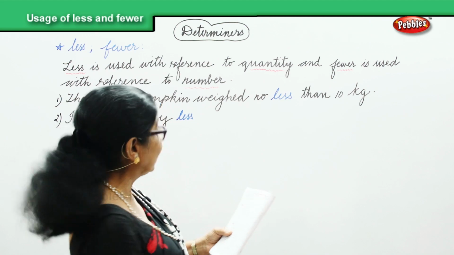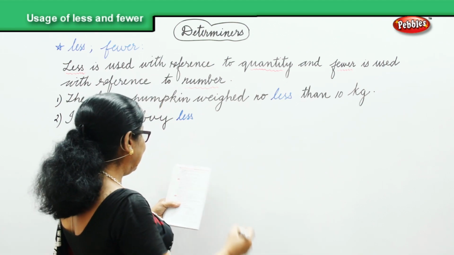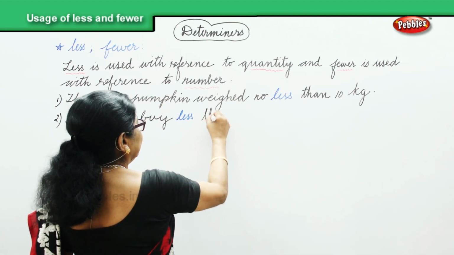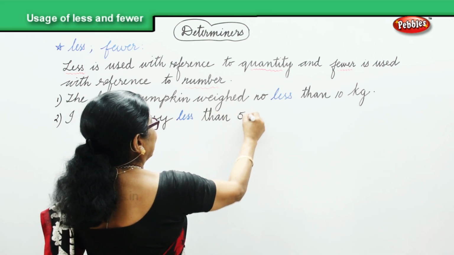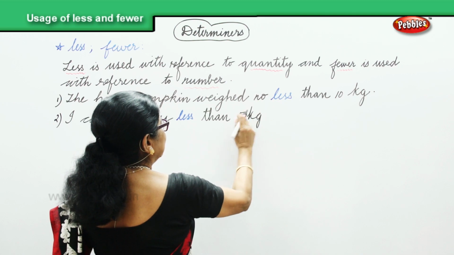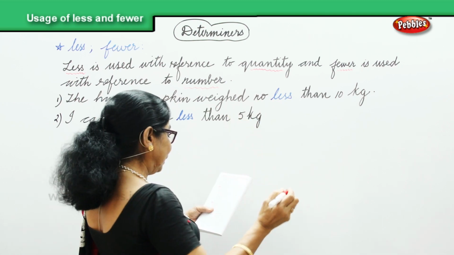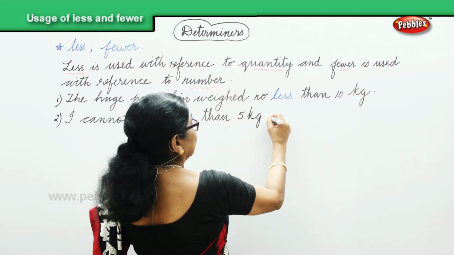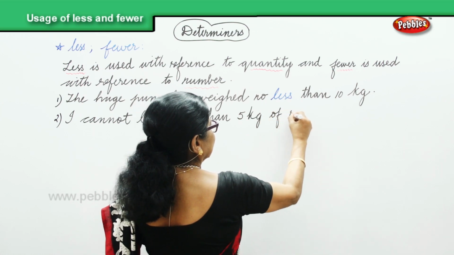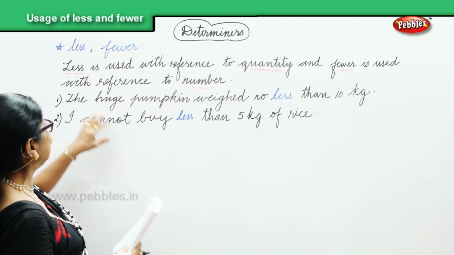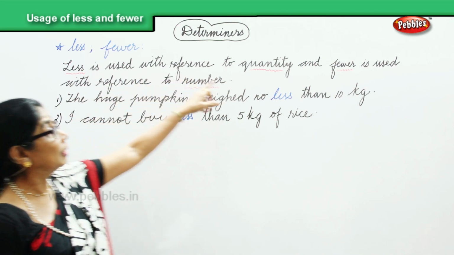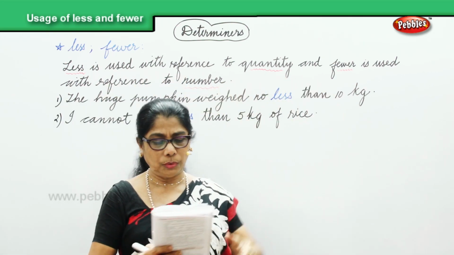I cannot buy less than 5 kg of rice. We are looking at less. Less means quantity, the amount we bought.